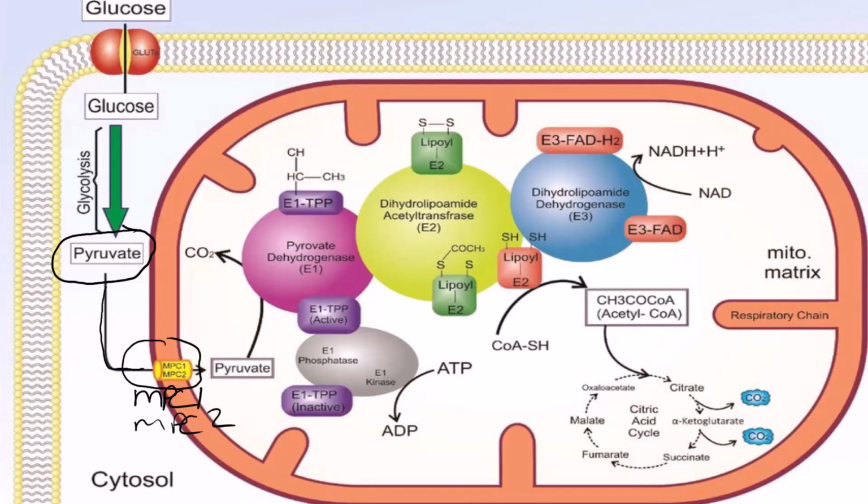The pyruvate dehydrogenase complex is a multimolecular aggregate of 5 enzymes, of which 3 enzymes, pyruvate decarboxylase or E1, dihydrolipoyl transacetylase or E2, and dihydrolipoyl dehydrogenase or E3, are involved in the conversion of pyruvate to acetyl-CoA. The remaining 2 enzymes, pyruvate dehydrogenase kinase and pyruvate dehydrogenase phosphatase, are regulatory enzymes.